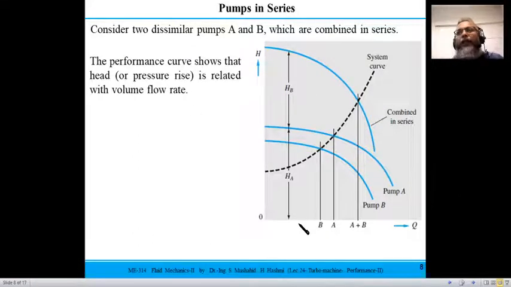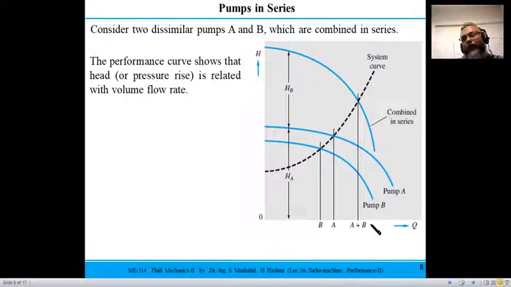As you know, the behavior of the combined pump depends upon the performance curve of each individual pump, because the performance parameters like pressure rise, head, or volume flow rate are different in pumps A and B. If your head requirement is this, pump A is giving you more volume flow rate than pump B. But if you combine them together, at that head requirement your volume flow rate for the combined pump would be much lesser.